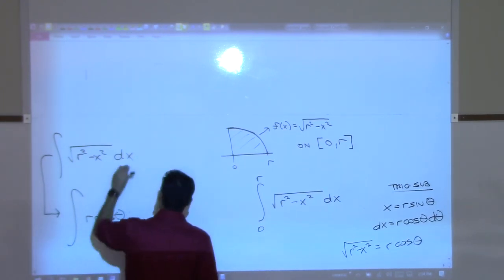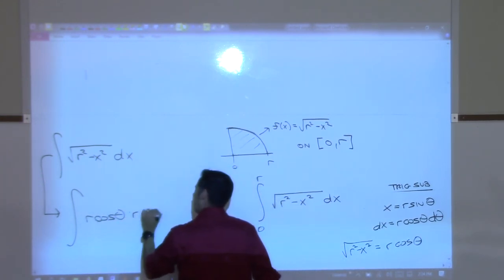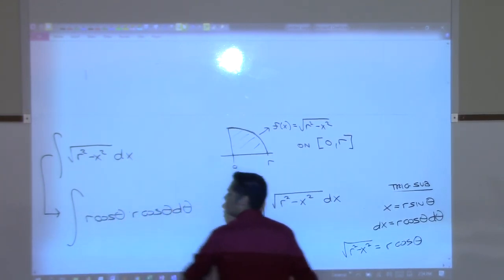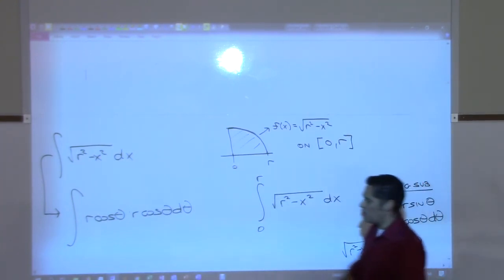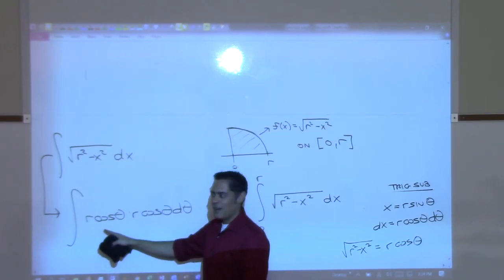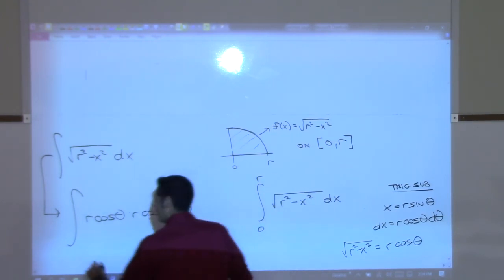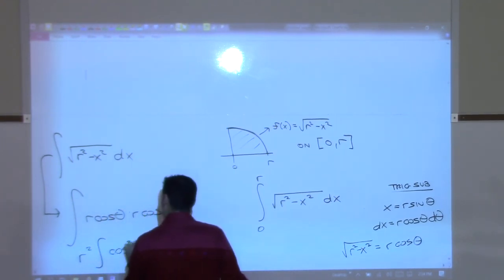And what does dx turn into? r cosine theta again, d theta. Okay, r is a constant, so it comes out. r squared can come out. I'm happy to see r squared. Cosine squared theta d theta.